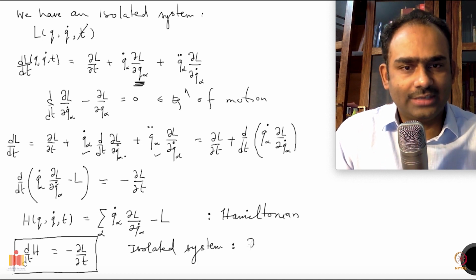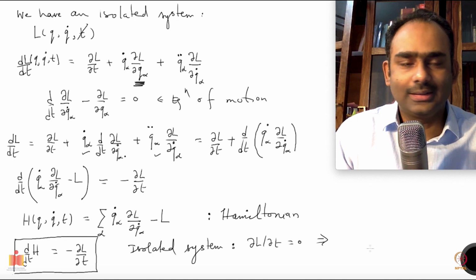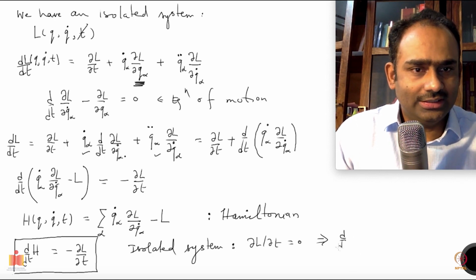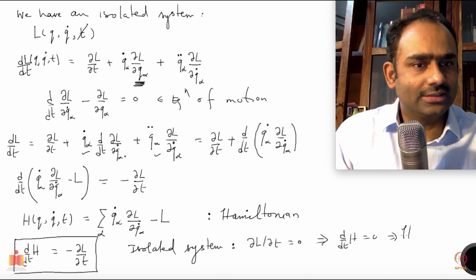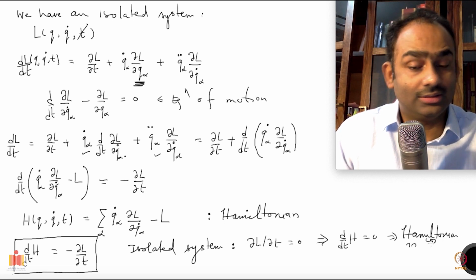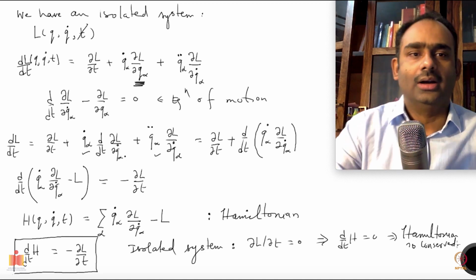If your system is isolated, it has no explicit time dependence, that is 0, which implies that h is a conserved quantity. So d over dt of h will be 0, meaning the Hamiltonian is conserved. Okay, that's good.